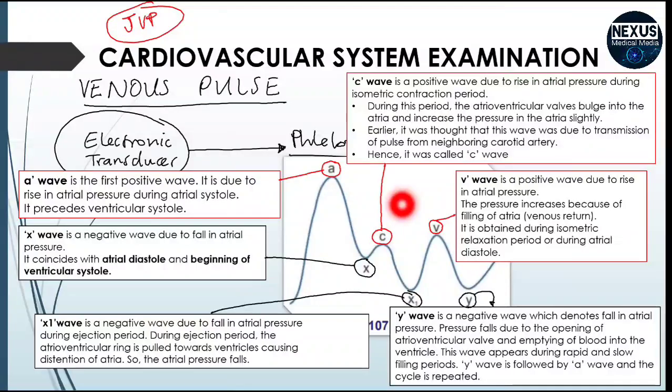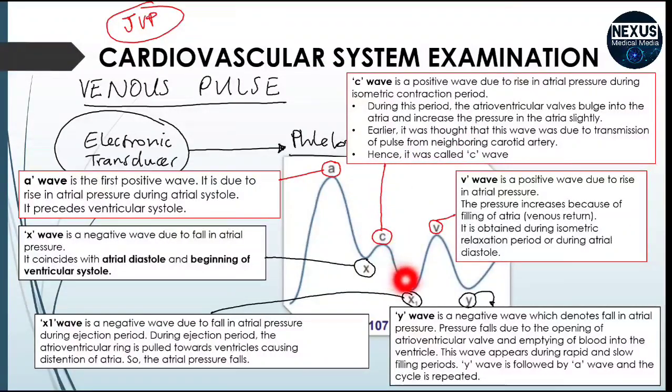So if those AV leaflets bulge up, there will be an increase in what? In the atrial pressure, right? Because, as I said, it was thought to be from carotids, that's why it's called a C wave. In the cardiac cycle, it happens during isometric contraction, right?